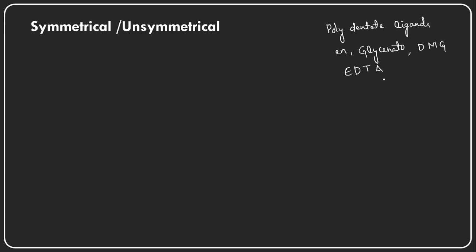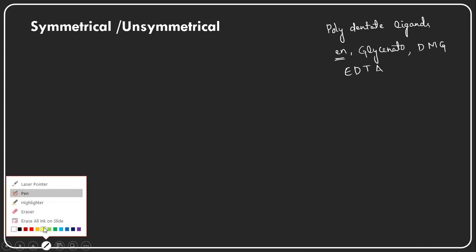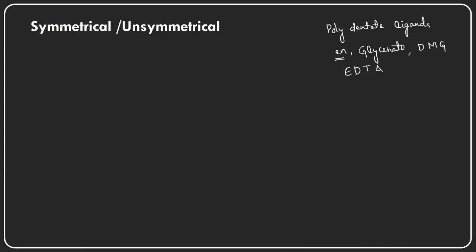So what is the symmetry of the ligand? For symmetrical ligands, I am taking the example of ethylene diamine here. Better I will change the color. Ethylene diamine, it is represented with a small en in brackets, right?